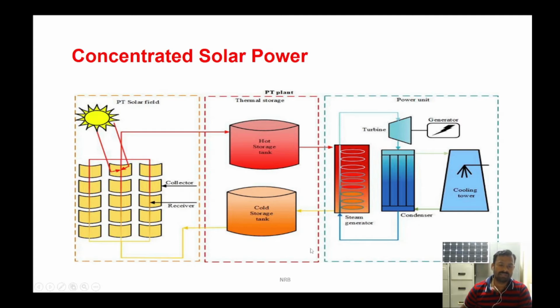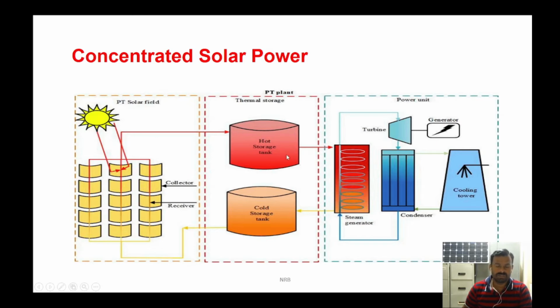From the cold storage tank, the fluid circulates in the pipe, and this pipe is placed over the reflectors. When sunlight is available, the solar irradiance falls on the reflector, and it reflects on the tube, which produces high temperature, and the heat produced here is absorbed by the heat transfer fluid, and it is stored in the hot storage tank.